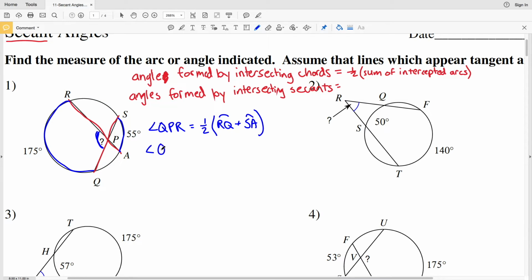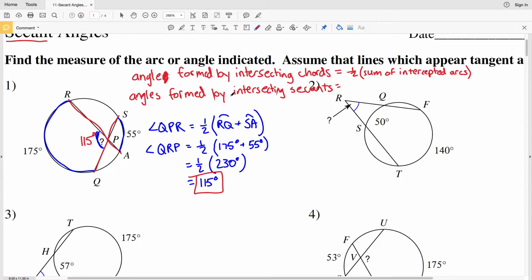So angle QPR is equal to half of arc RQ, which is 175 degrees, plus arc SA, which measures 55 degrees. So angle QPR equals 1/2 of 175 plus 55. 175 plus 55 is 230, and when we take half of 230 degrees, we get 115 degrees. So 115 degrees is the indicated angle in number 1.